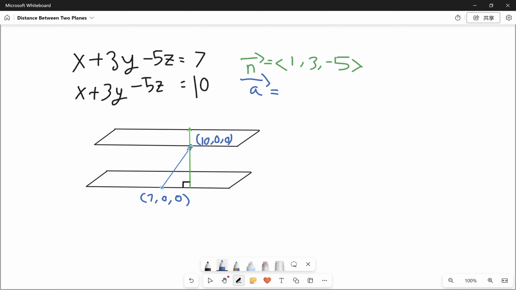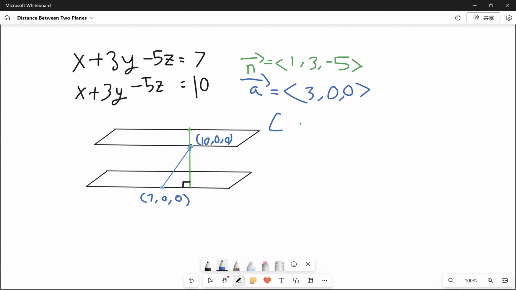Okay, so we want the projection of vector A, which is going to be 3, 0, 0, onto the green vector, the normal vector.